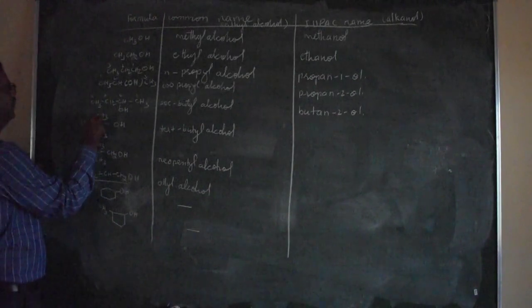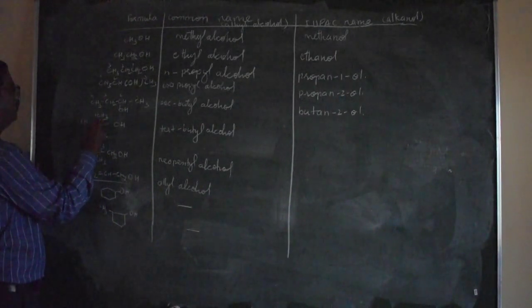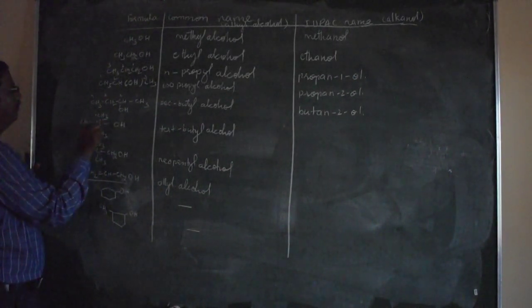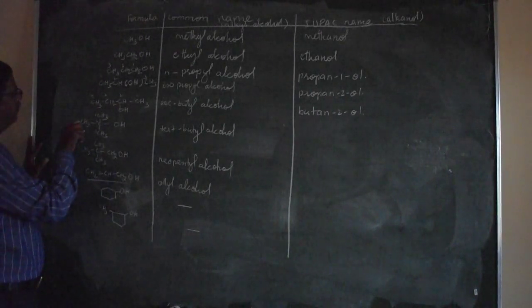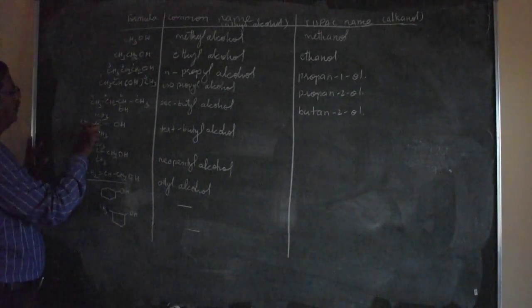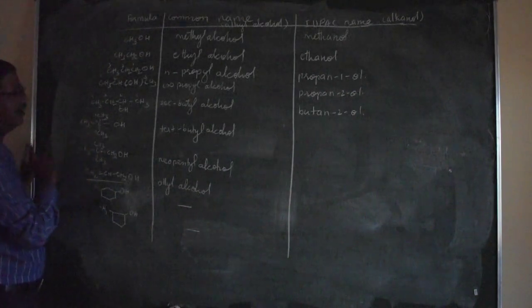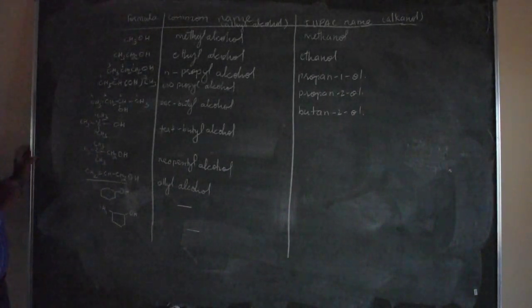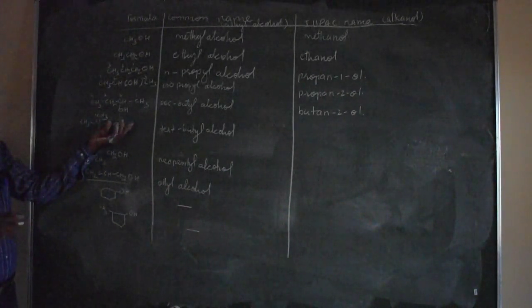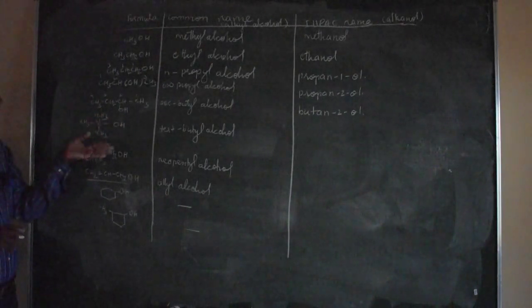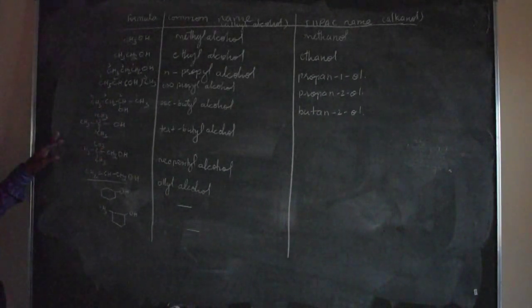I am numbering from here, but you may number from this end also. Either way, the functional group is on the second carbon only.